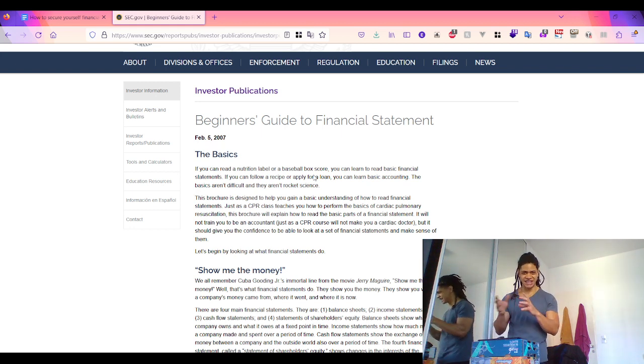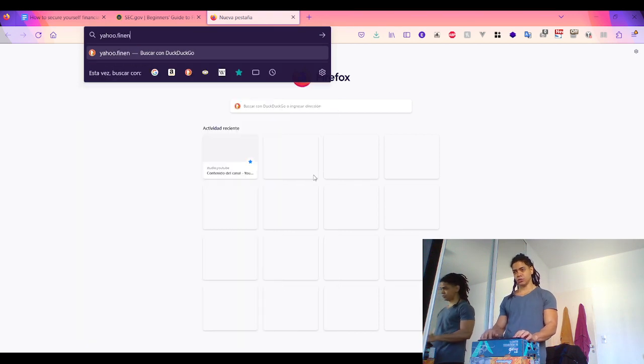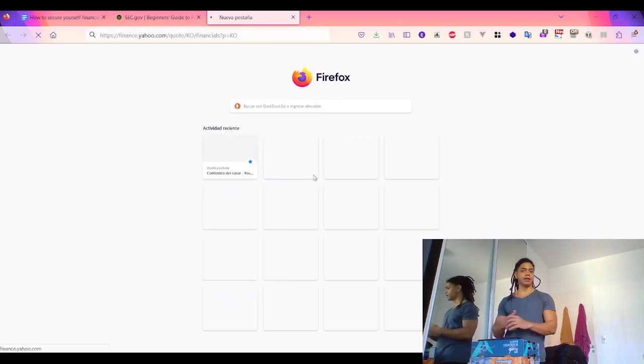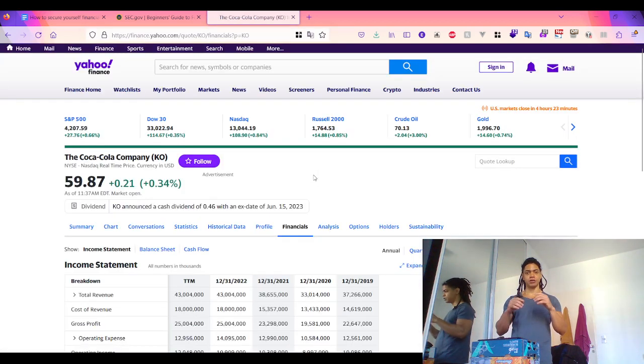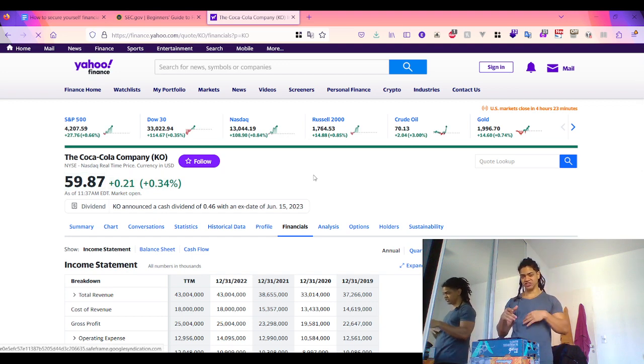It is listed using that formula, like in the case of Yahoo Finance. When we look at Yahoo Finance for Coca-Cola, they list the assets at the top, followed by the liabilities and the shareholders' equity.